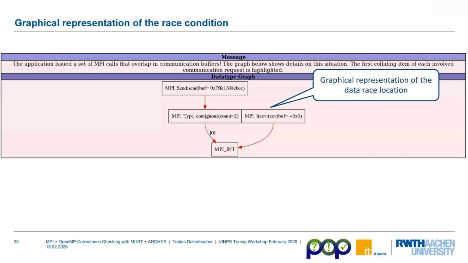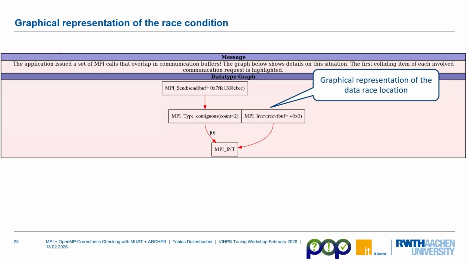Yeah, so the interesting part here is that for the MPI call on the right, the Ireceive, you don't see the absolute address, because then it would be a tedious action to compare the distance between those.